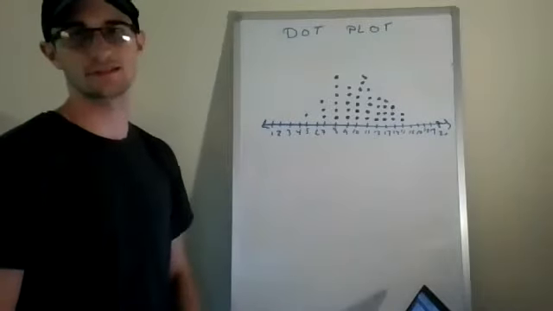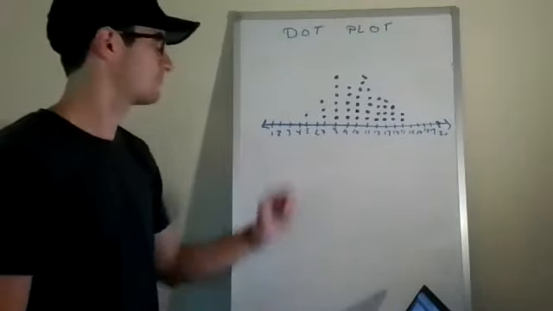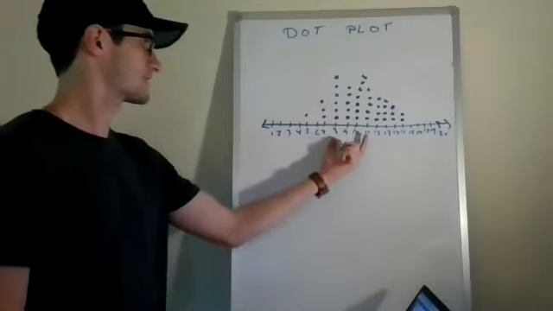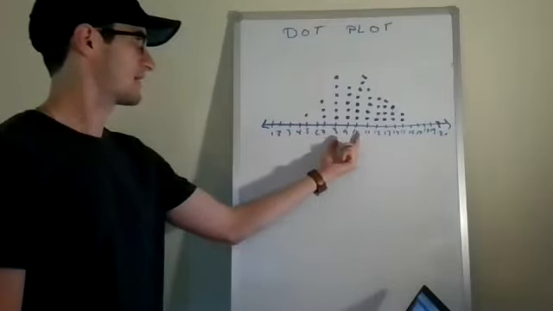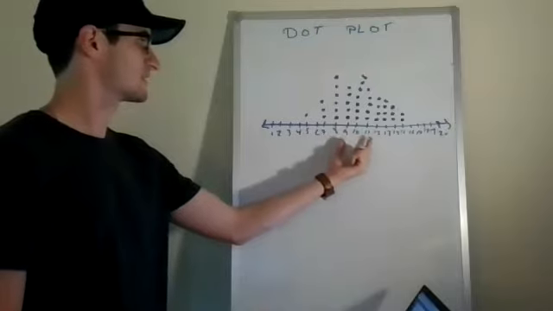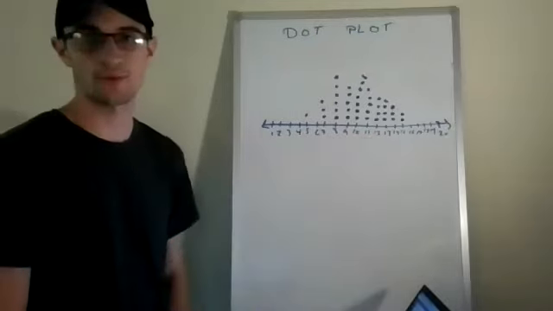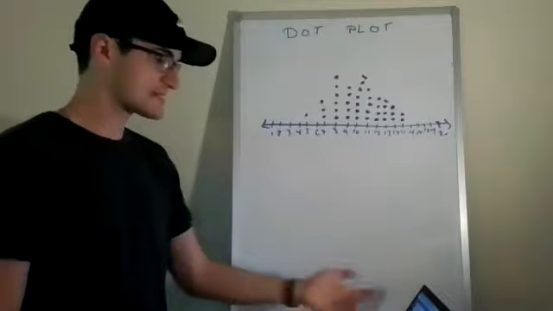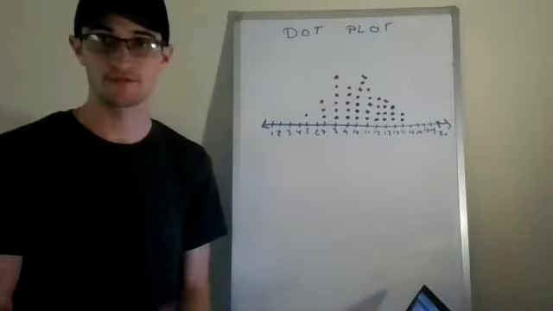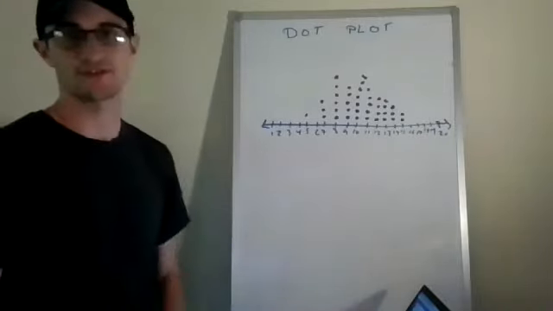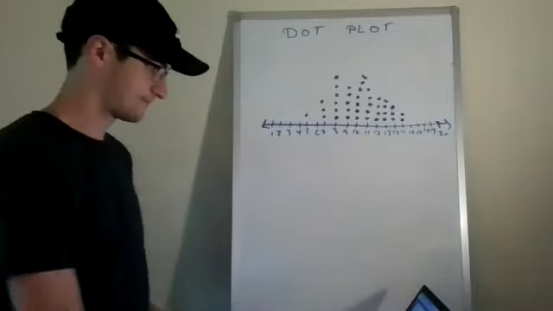So not necessarily a basketball star, but pretty consistently in the 8 to 11 point range. And it's kind of hard to see that when we're just looking at the list of numbers. So a dot plot allows us to compare that data easily.